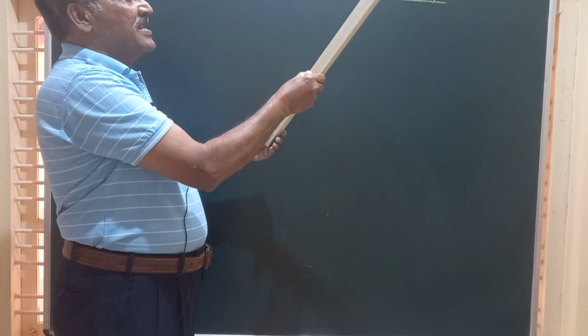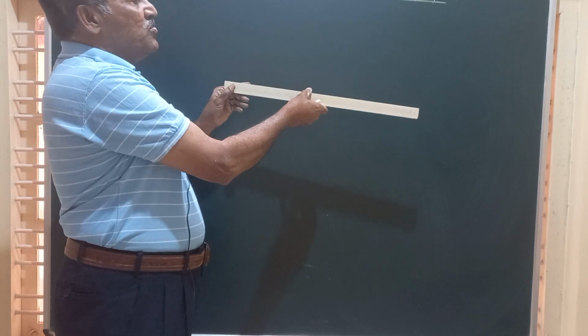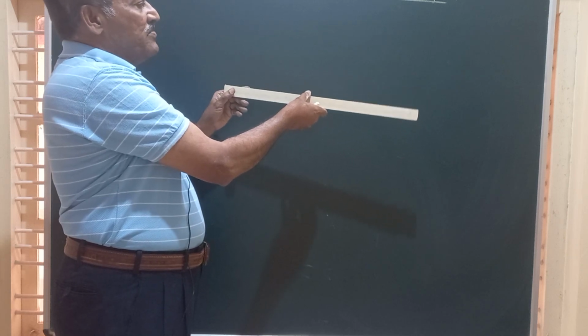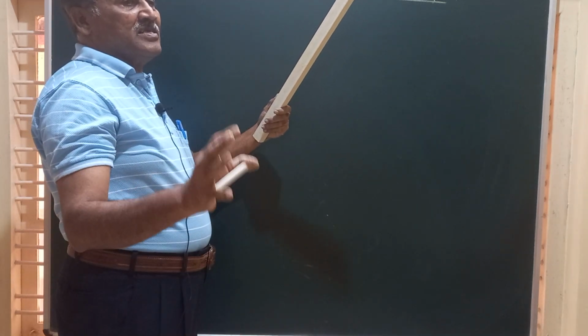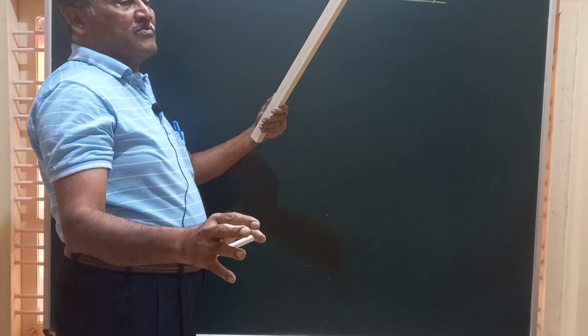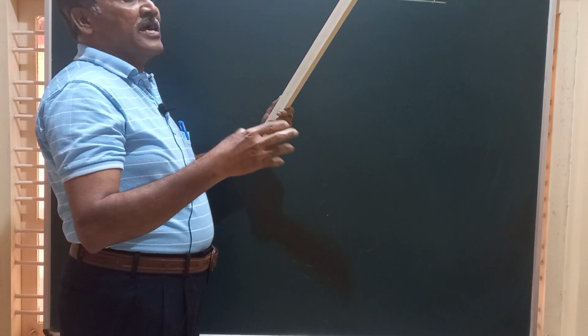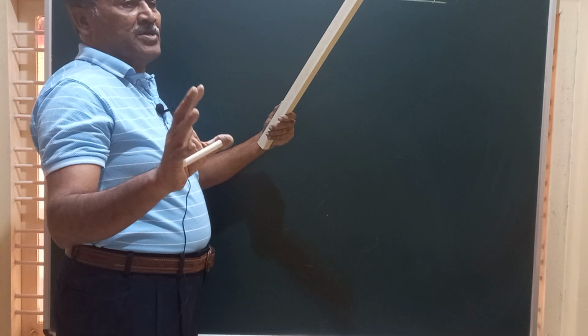Friends, if you have a line like this, parallel to VP and inclined to HP, and if you have one like this, it is the important case of problem where the line is inclined to both HP and VP.